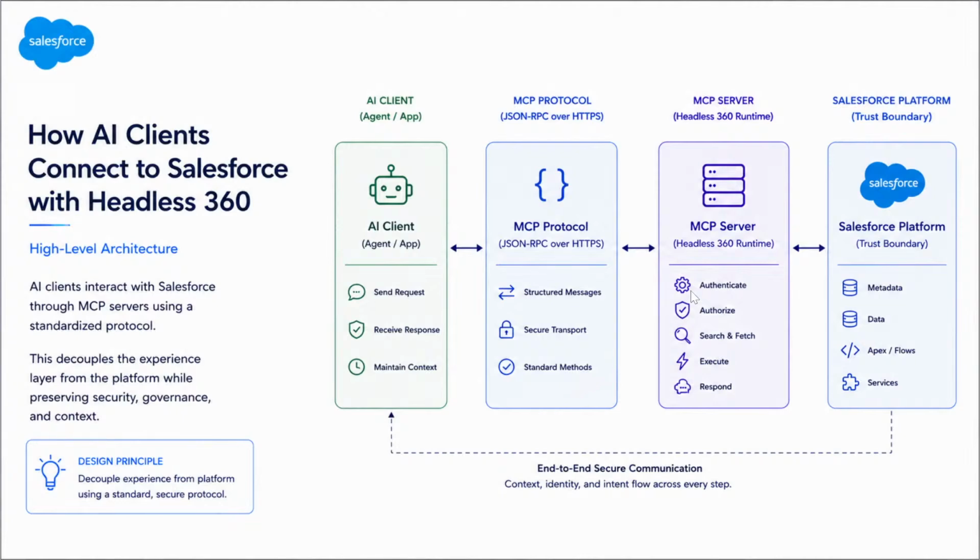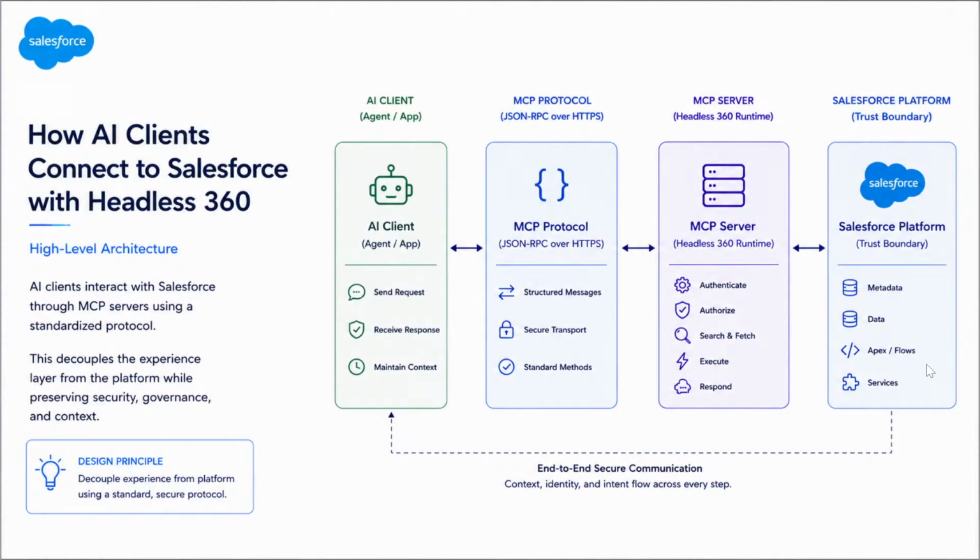Now your MCP server takes this message and interacts with Salesforce. It takes care of authentication, authorization, any search and fetch on Salesforce, and execute and respond. So your MCP server is responsible for interacting with Salesforce and doing these things. On the Salesforce platform, you would have your metadata, data, Apex, Flow, services.